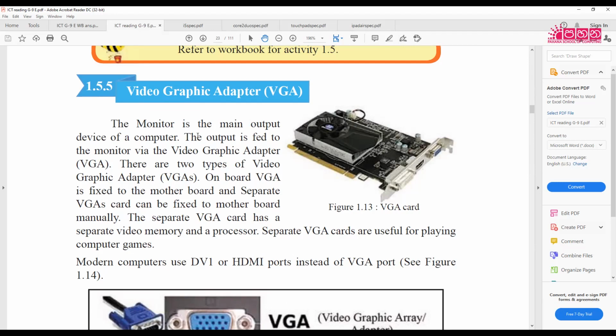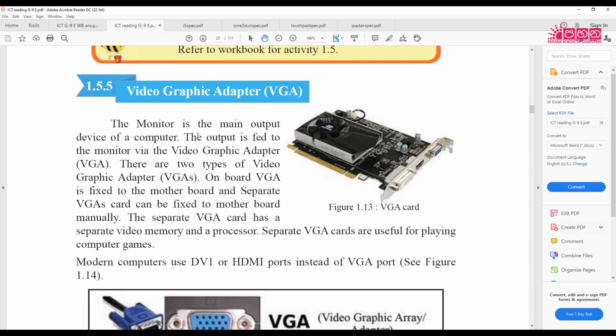What you see in this figure is a VGA card, video graphics adapter. Through that, you send signals from the system unit to the monitor. Sometimes the cards are separate like in the picture. Sometimes it's on board. You don't have a separate card as such, so everything is included in the motherboard.